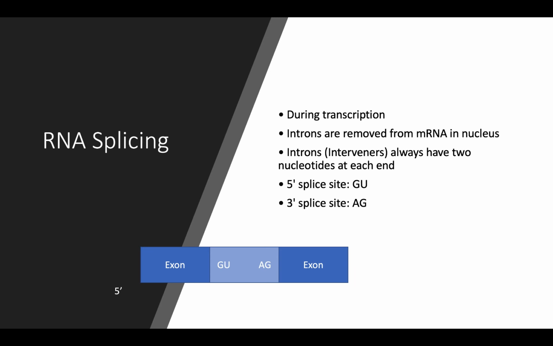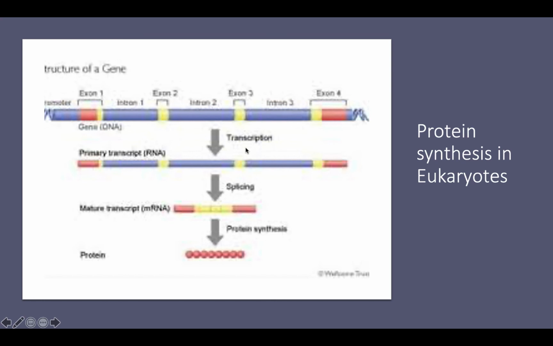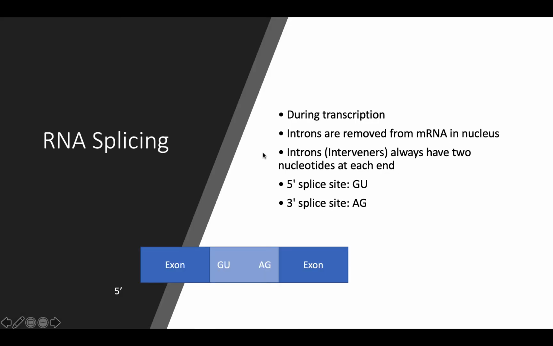The second modification is RNA splicing. When does splicing happen? Splicing actually occurs, as we said in the picture, during transcription. So as you are transcribing the pre-mRNA, you want to remove these introns.